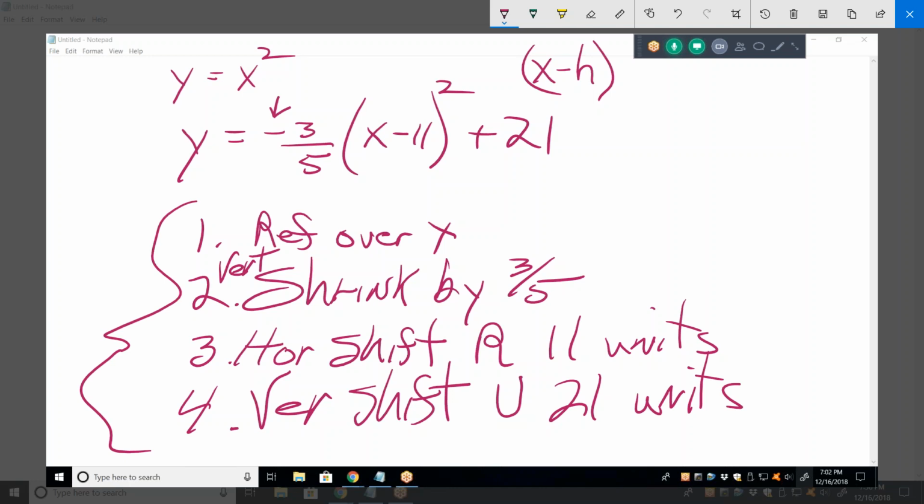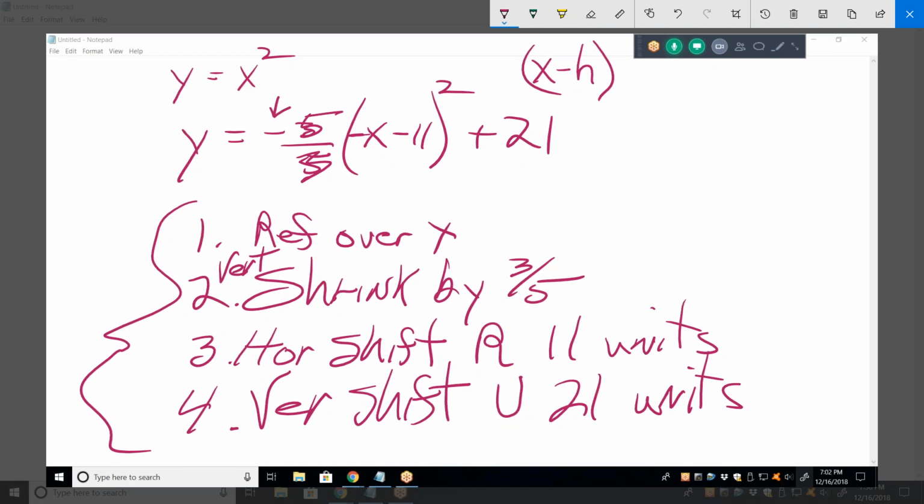If I was going to have a reflection over the y-axis, that negative sign would have to be inside the function. And if this was 5/3 instead of 3/5, it's a stretch, not a shrink.